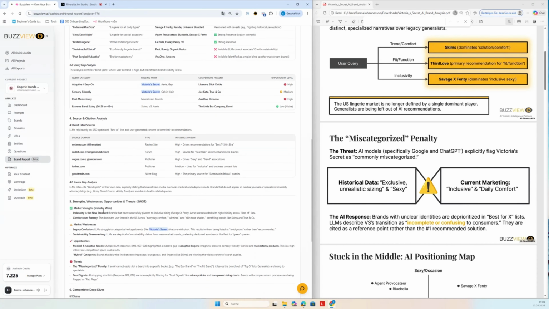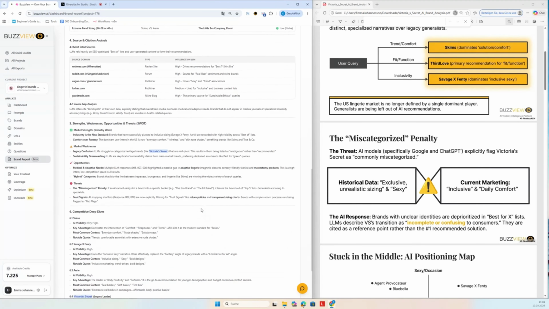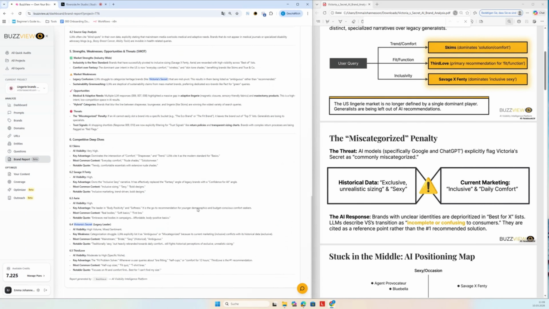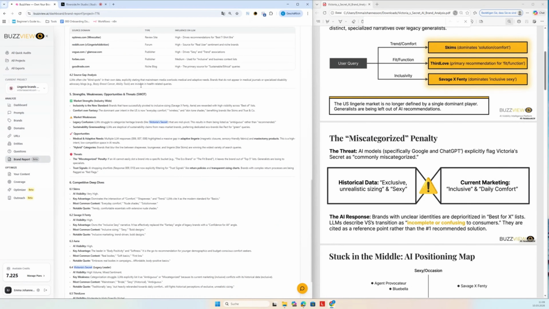So by seeing here what is missing in the market, like what's not being targeted, in this instance, we can see a lot of the brands are completely invisible when it comes to health related queries. So people who have had a mastectomy and are looking for underwear for that specific purpose, there's no real brand in the lingerie sector that has positioned themselves well or at all for this.